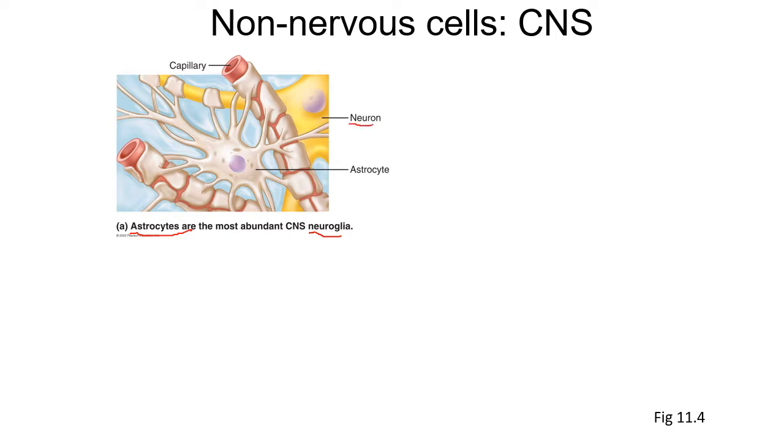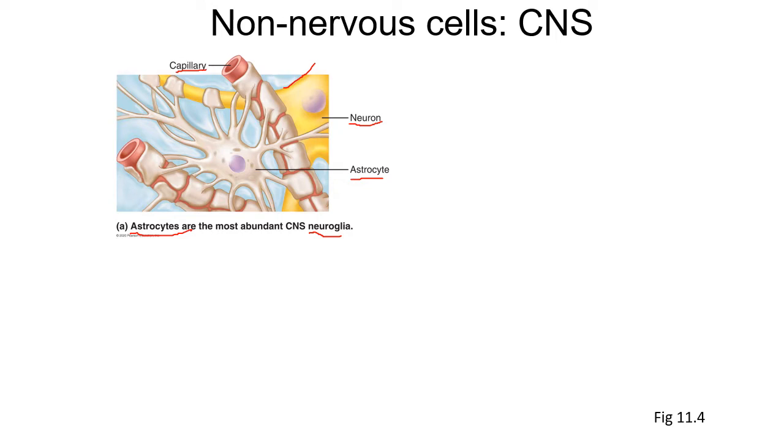So in this figure here, we can see the neuron off to the side. Here's a capillary, so there's our blood supply, and then we have this astrocyte here, which basically is going to position itself between a capillary and the neuron itself.